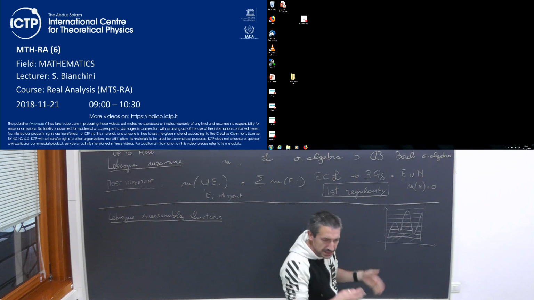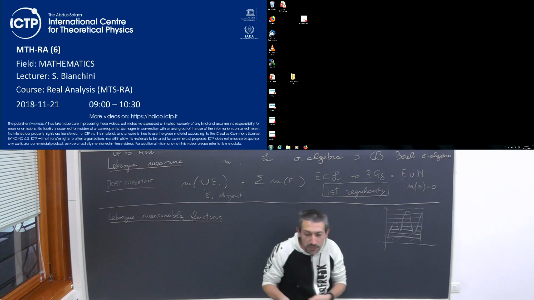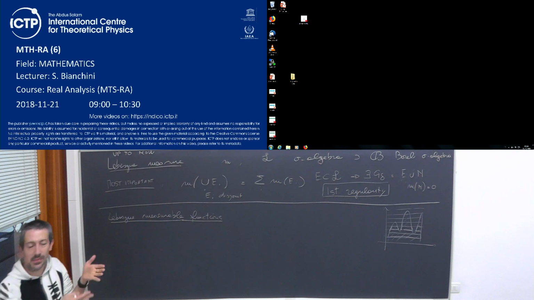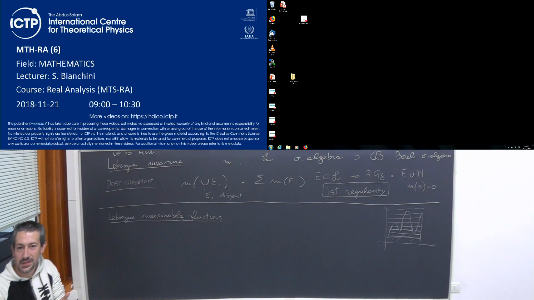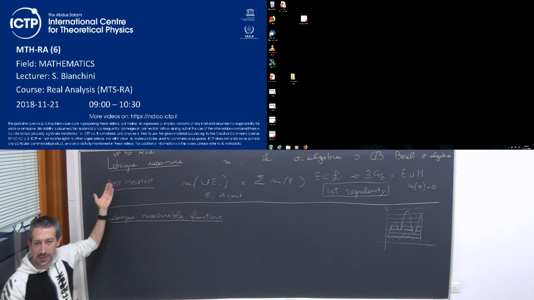Otherwise, you can compute an integral using the outer measure. But the main problem is that you don't have the properties of the integral. For example, if you have two disjoint sets, you want the integral on the union to be equal to the integral on the first plus the integral on the second. So I can certainly give a formula for a general function using the outer measure.